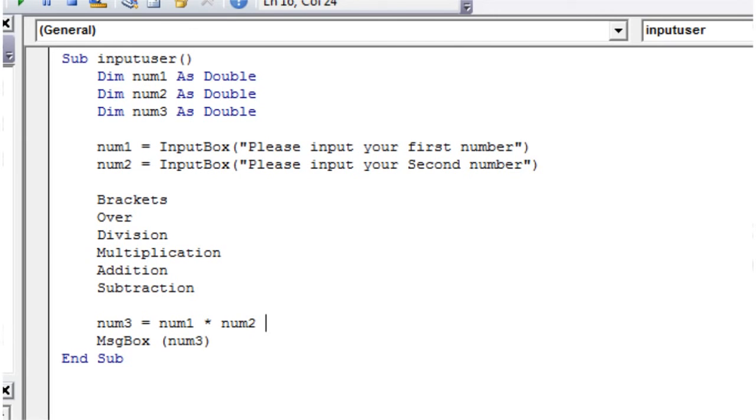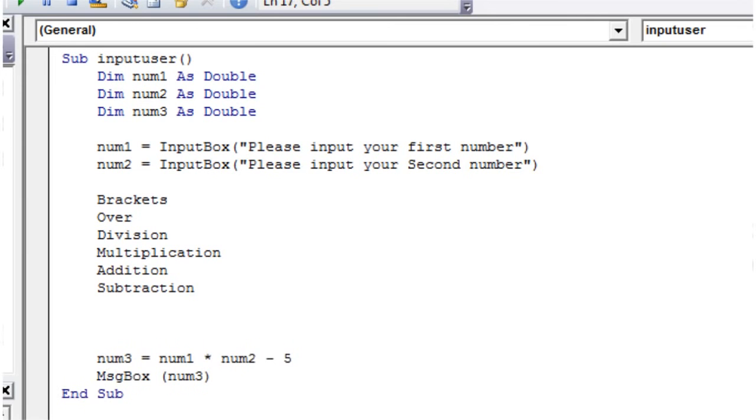So if we had minus 5 at the end here, then it's going to do our brackets first. We've got no brackets. It's then going to do our multiplications and divisions. So we've got our multiplication here, so it will times these two numbers together, and it will then subtract 5 afterwards because that comes last. So this is going to make quite a big difference.